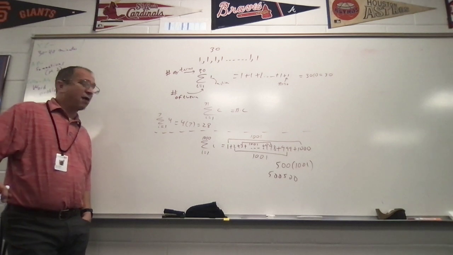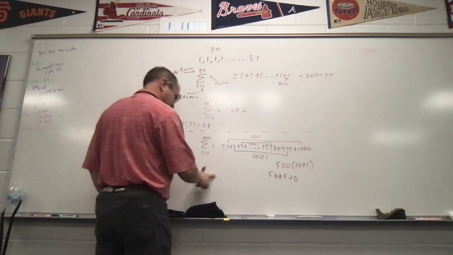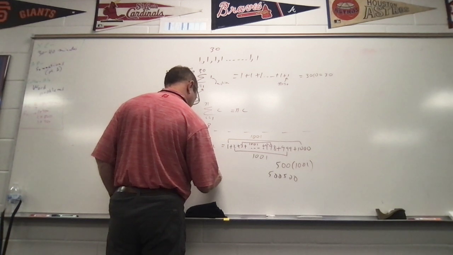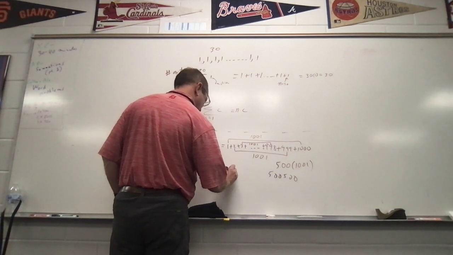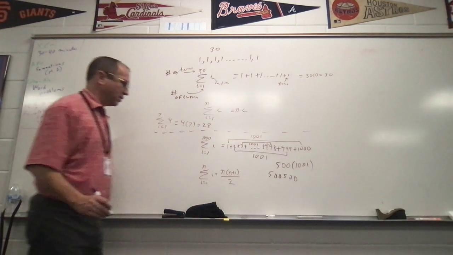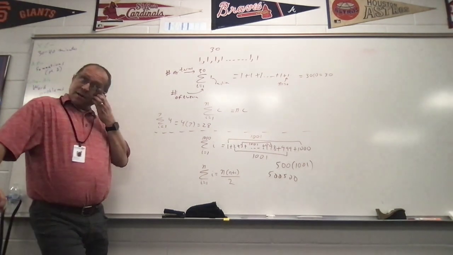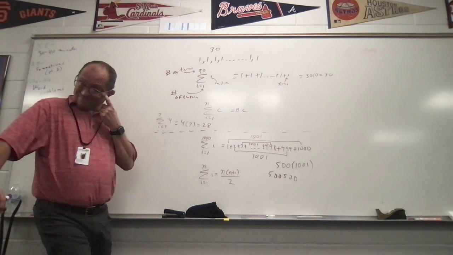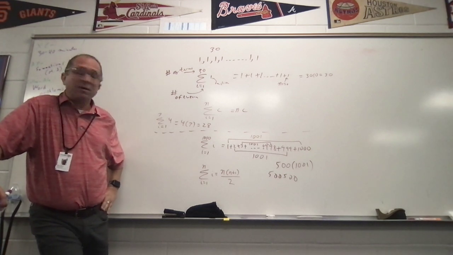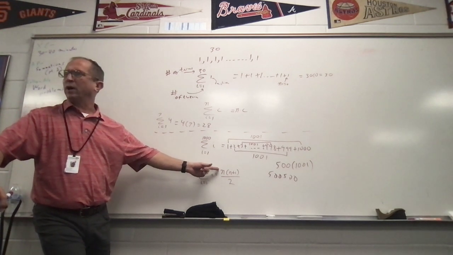Now, how is that as a shortcut? As a shortcut, that can be thought of as n times n plus 1 over 2. Now let's think about how, for the purposes of this problem, we could think about n over 2. n represents what?